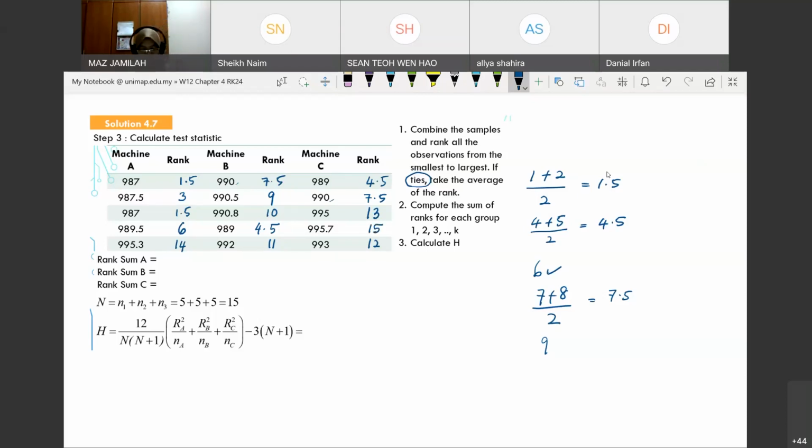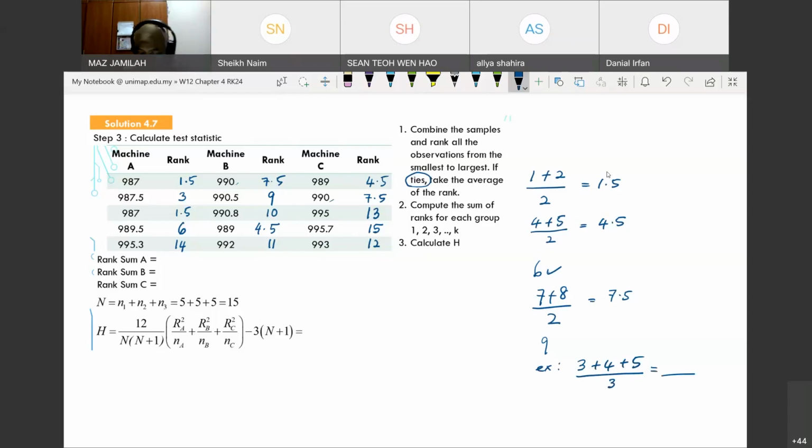So far, class, do you understand how you rank and what to do if you have ties between the values? If, for example, you have 3 ties, number 3, number 4, number 5, since you have 3 observations, in order to find the average you need to divide by 3.